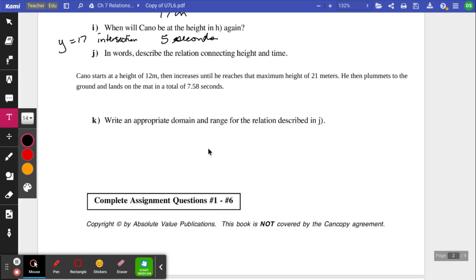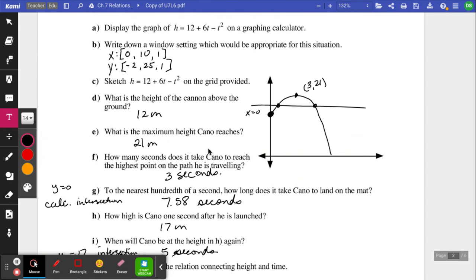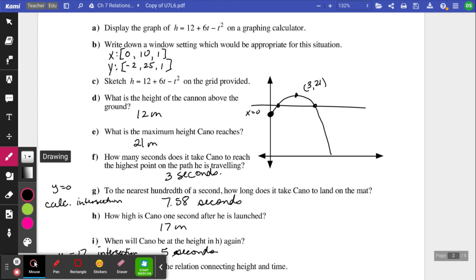All right. We need to write an appropriate domain and range. Talk to me about the domain of my picture. What should it be? First of all, this was 7.58 seconds, right? Okay, so what does the domain need to be in this context of this question? 0 to 7.58, right.